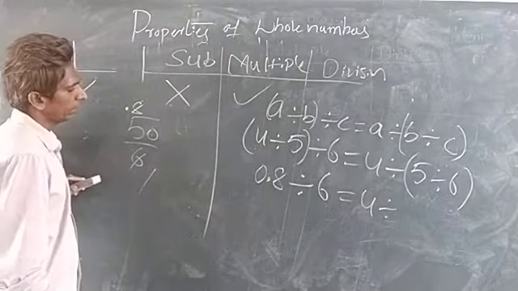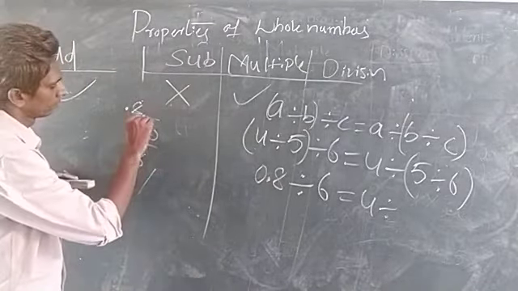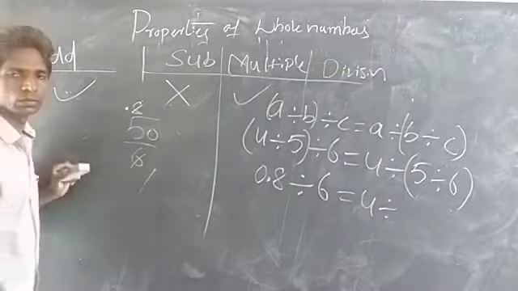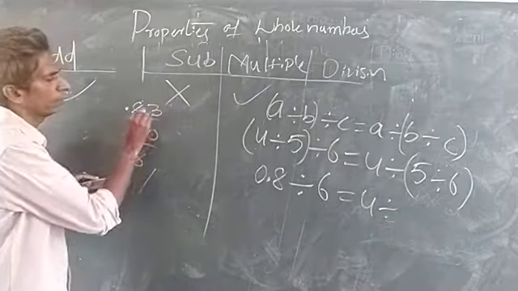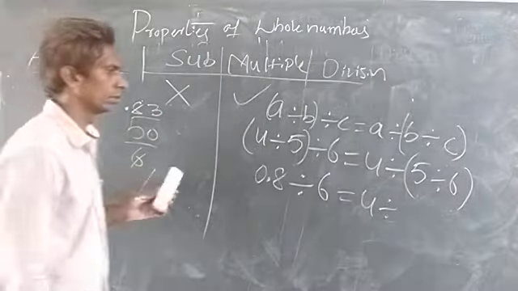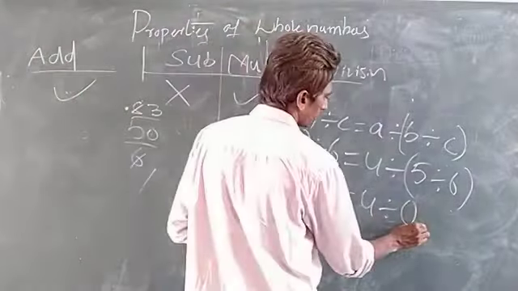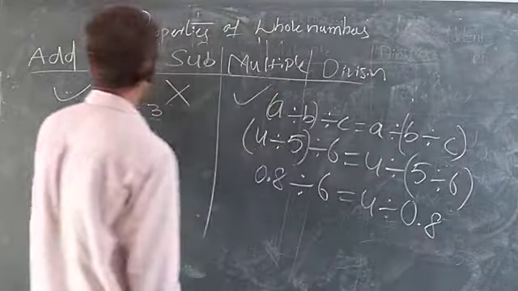Then 20 becomes 6 3s are 18, so 0.83 and so on.